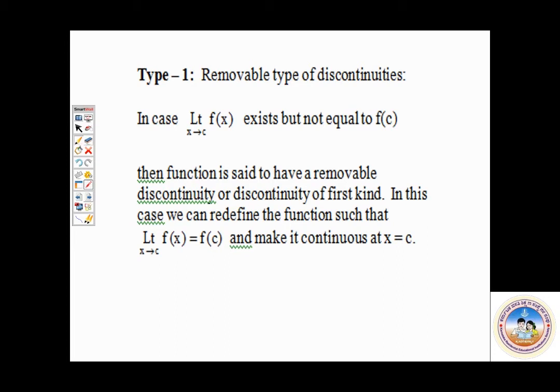As in that example, we defined f of x equals 1 when x is not equal to 1, and 2 when x equals 1. What is the problem in this case? It is continuous before 1, continuous after 1, and LHL and RHL are equal, so the limit exists, but the functional value is 2.